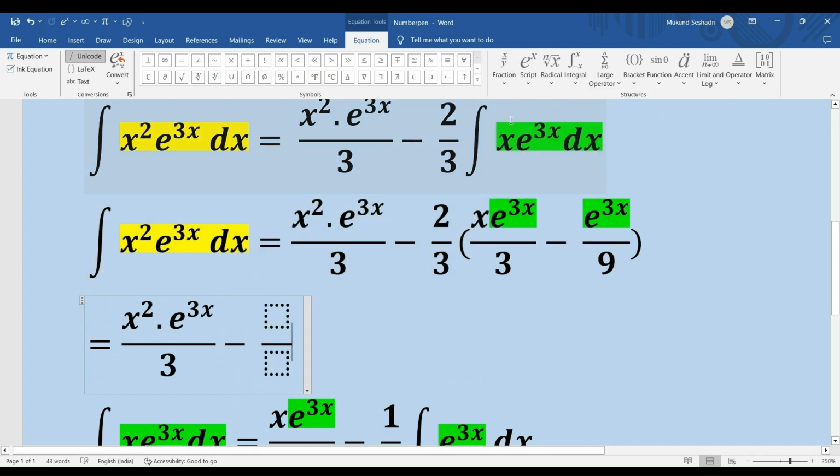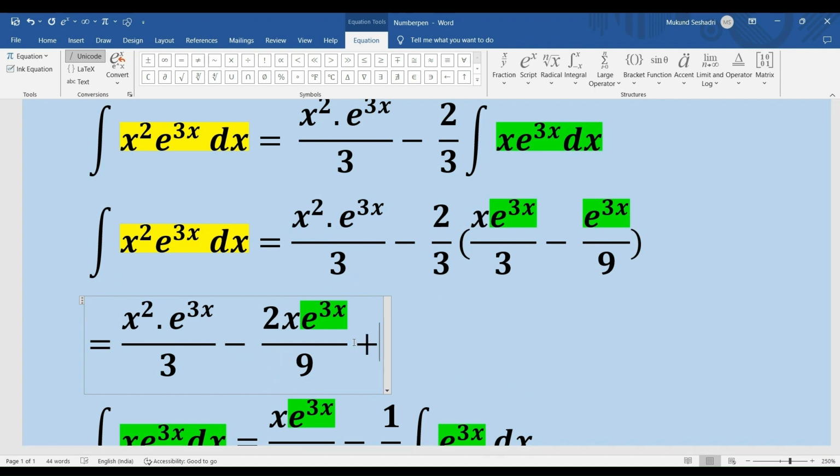So let's write that down. 2 by 9 times x into e to the power 3x, plus I have a 2 by 27 times e to the power 3x, right? So this is what I get. This is my answer for integral of x square into e to the power 3x dx, right?